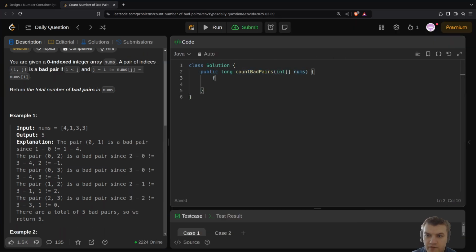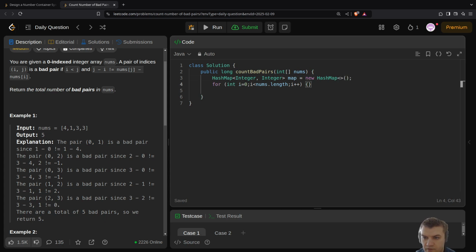So I'm gonna have for int i equals 0, i less than nums.length, i plus plus. Then I'll have this frequency hash map, Map of Integer, Integer, equals new HashMap.